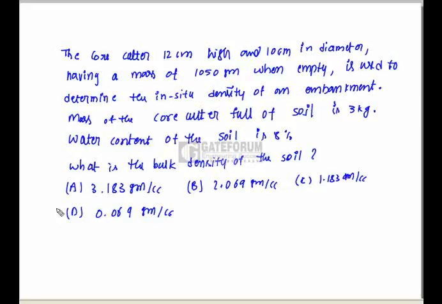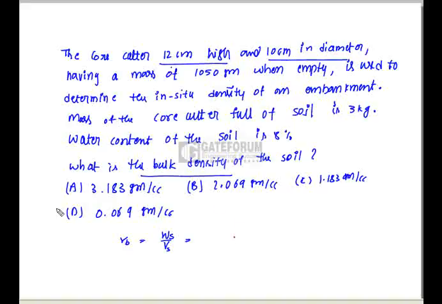In this question we have to find out the bulk density of the soil. We know bulk density, if we say gamma b, is weight of the soil by volume of the soil. From the question we know that the core cutter is 12 centimeter high and 10 centimeter in diameter.